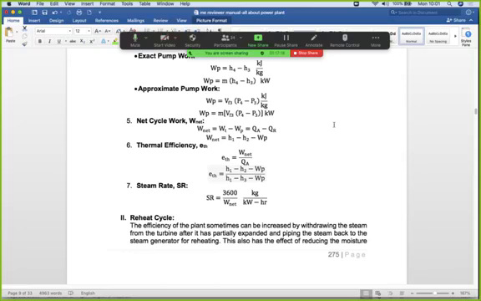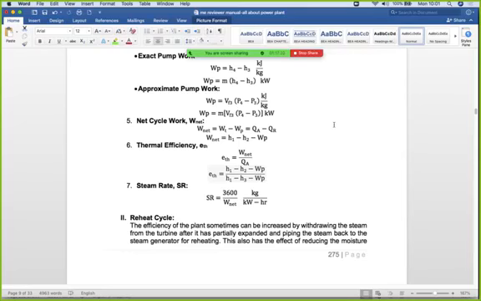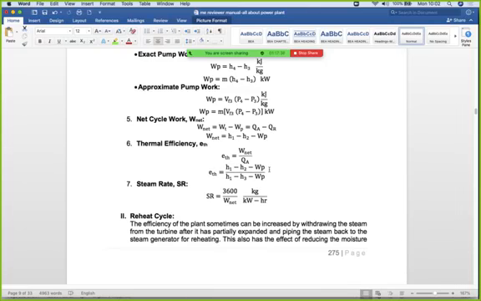Or by using enthalpy, if the network and heat addition are not given, you will just use the enthalpy. H1 minus H2 minus the pump work.